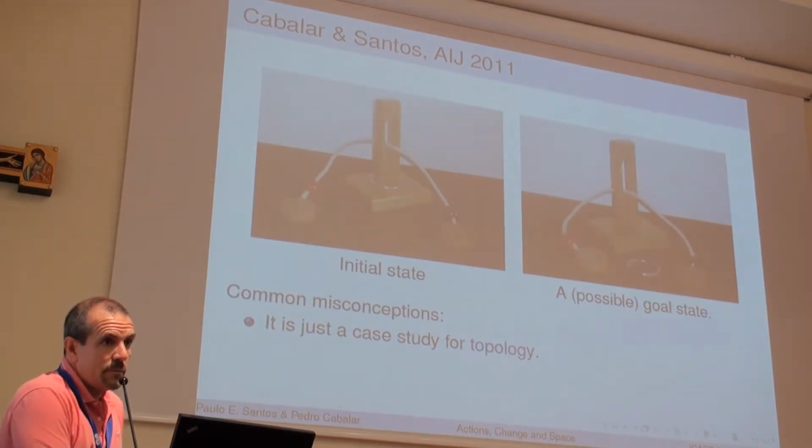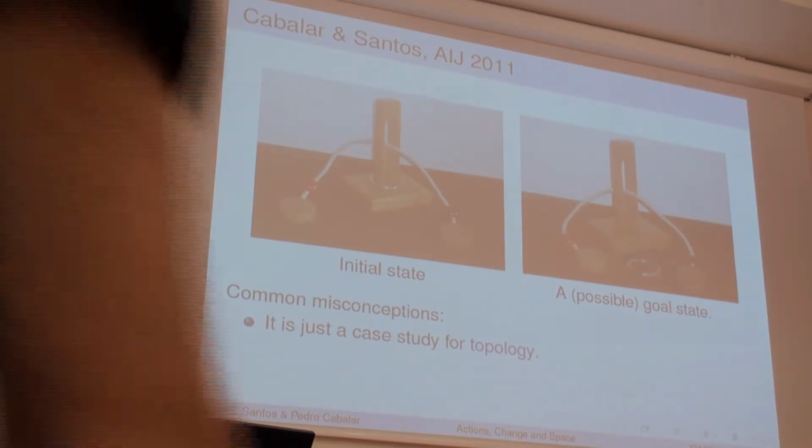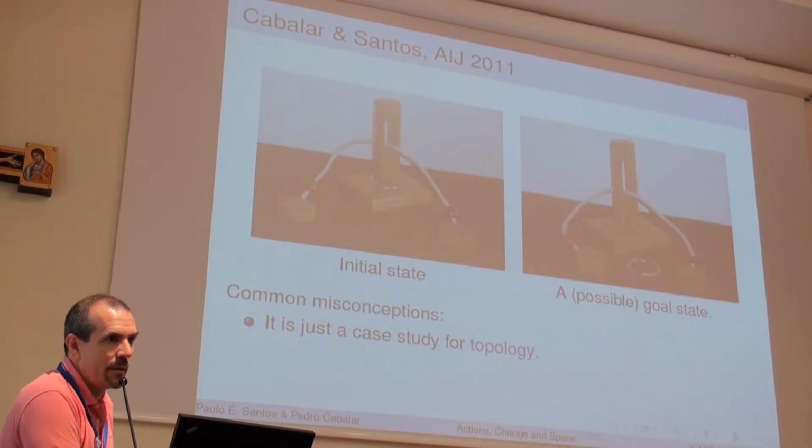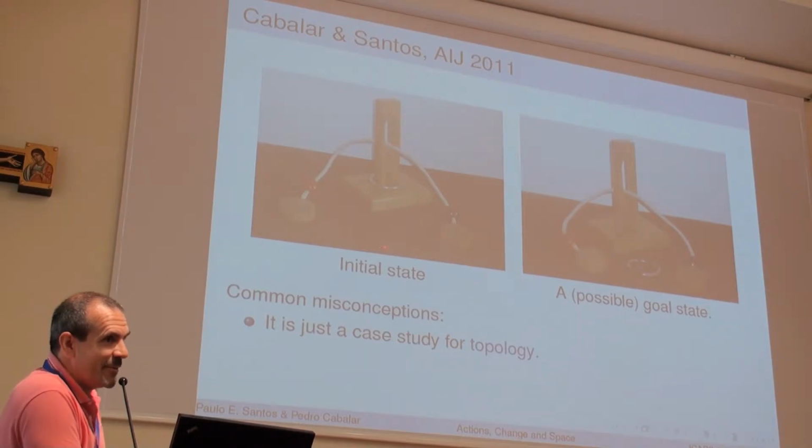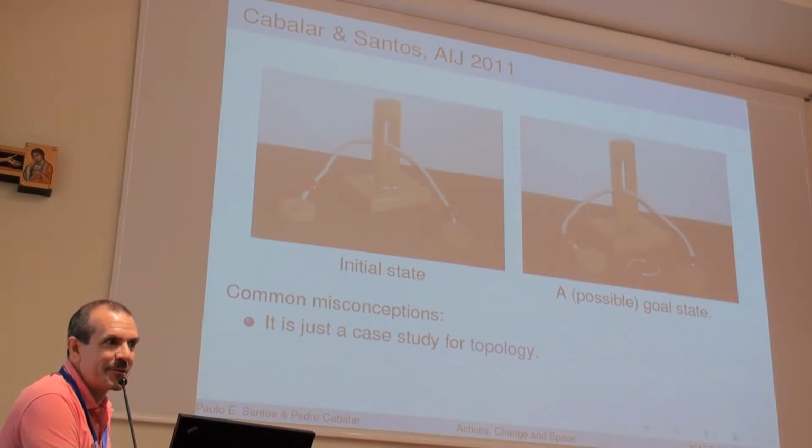One first misconception that we usually hear is that this is a topology problem, right? And this is not true. This is a constraint-related problem, because from the topology point of view, the ring is out from the very beginning. So the topologists could say, okay, that is out, there is no problem there, right?